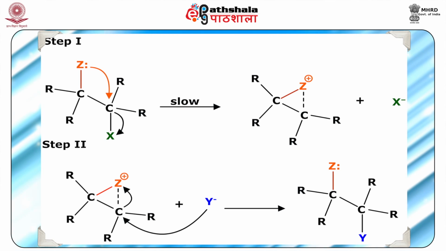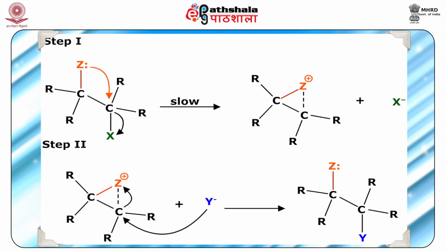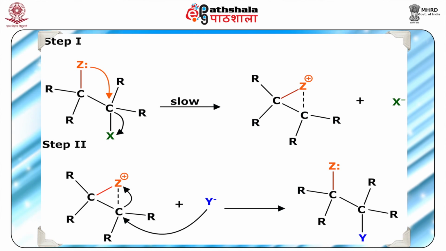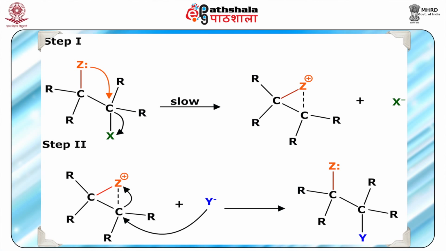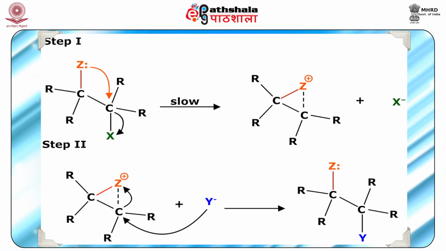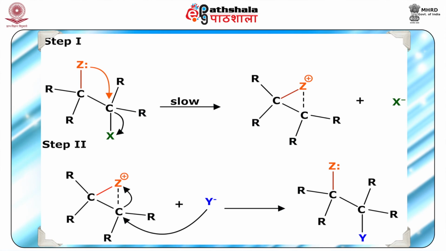Once this 3-membered transition state is formed, in the next step the attacking nucleophile, say Y minus, attacks, and Z as a result goes back to its position.